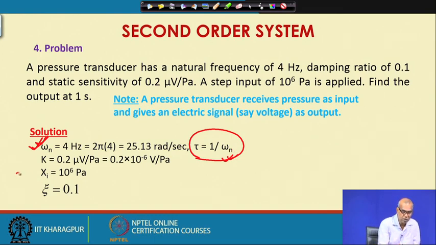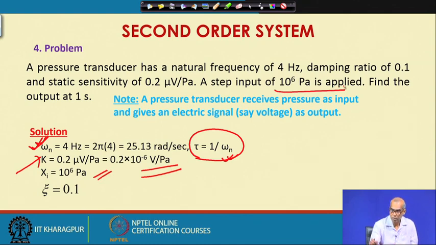Static sensitivity is given, K as 0.2 microvolt per Pascal. We are expressing it in terms of volt per Pascal. Input is given as 10 to the power 6 Pascal, zeta is given as 0.1 damping ratio.